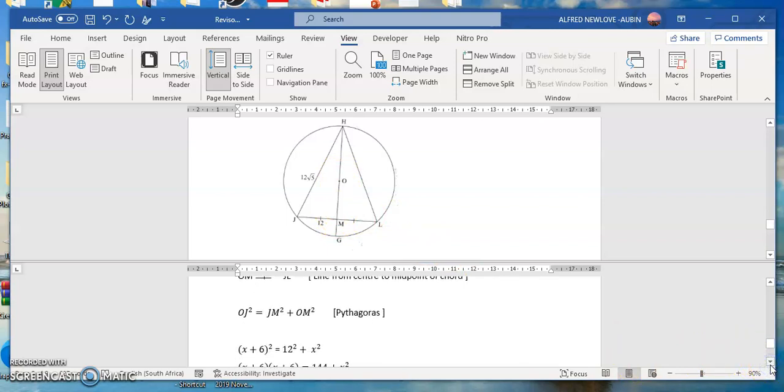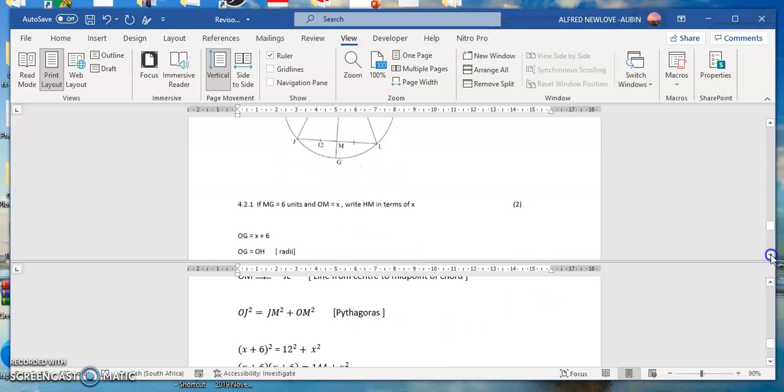Then we know OJ is a radius. From here to here is also a radius. So we know the radius to be x plus 6.